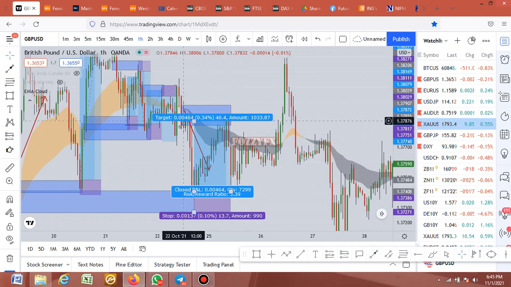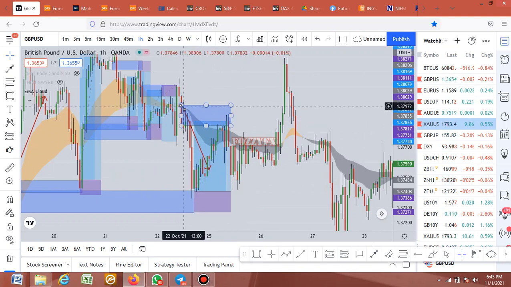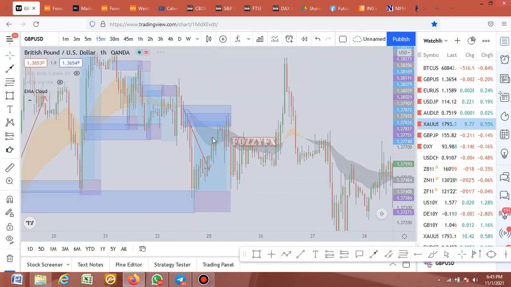Price retested to this order block here. So imagine you filtered your trade from the higher time frame as well. You would have been able to specifically focus on this order block. So let's go back to the lower time frame.